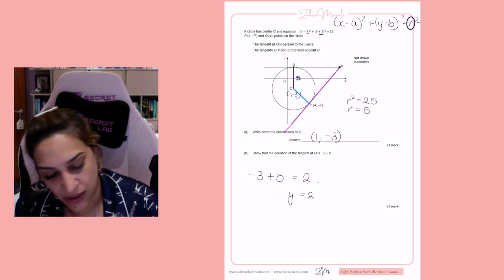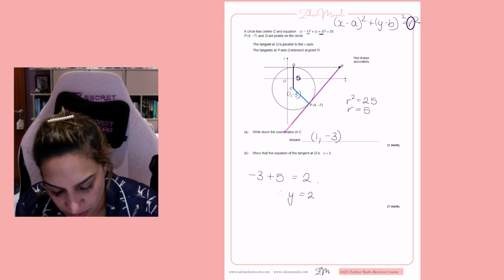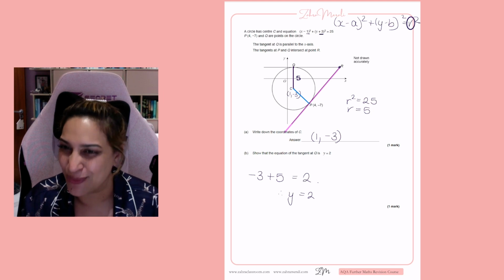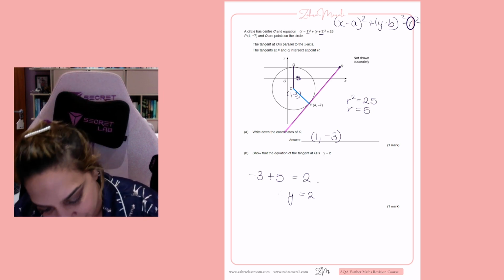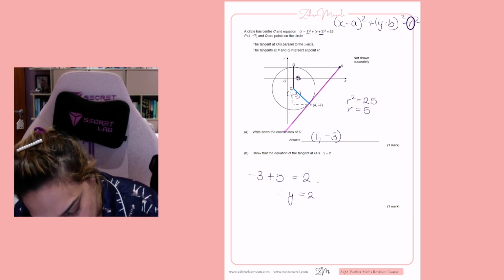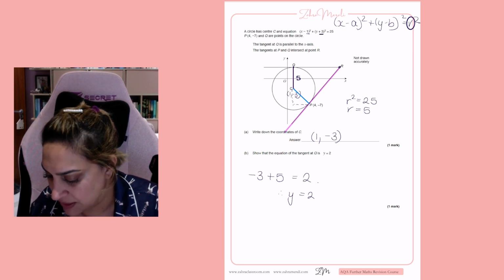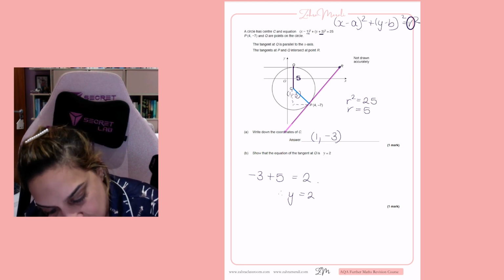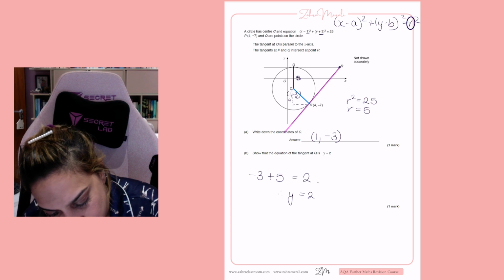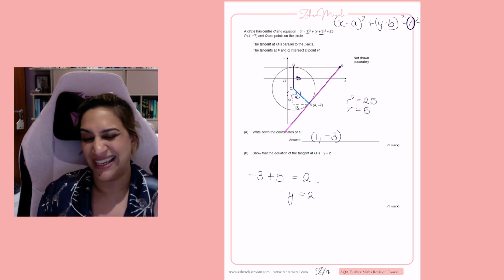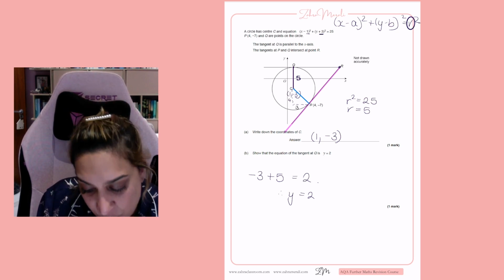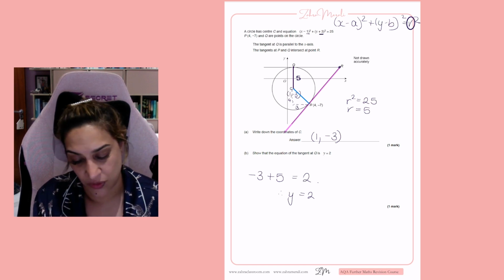We do our y2 minus y1 over x2 minus x1. So if we have a look from minus 3 to minus 7, that space is 4, and from 1 to 4 it's 3. And it's a negative line, so we've got minus 4/3.